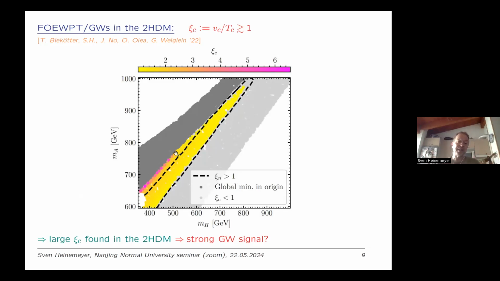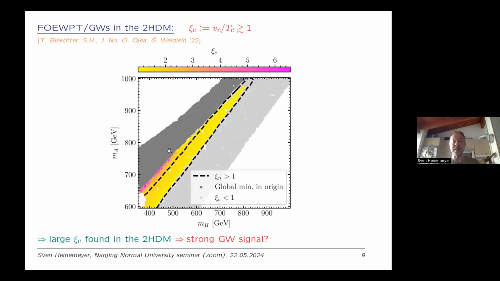But what happens in this area outside here, where actually the Xi-C was largest? This is where the distance in field space between the two vacua is so large that despite the fact that the second minimum is deeper, no transition takes place. Yeah, the tunneling probability is so small that no transition takes place.